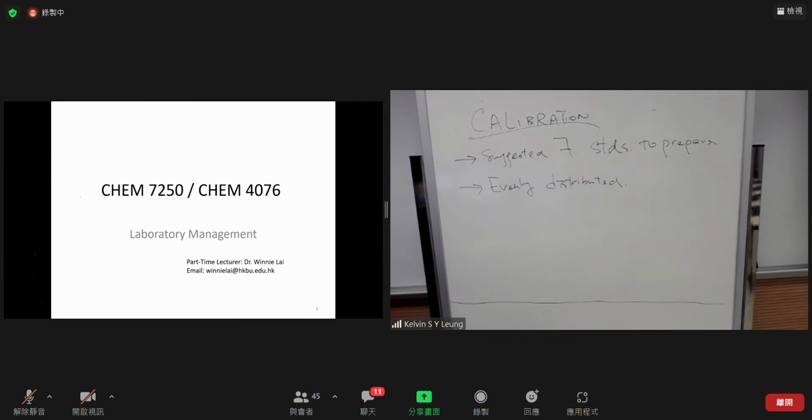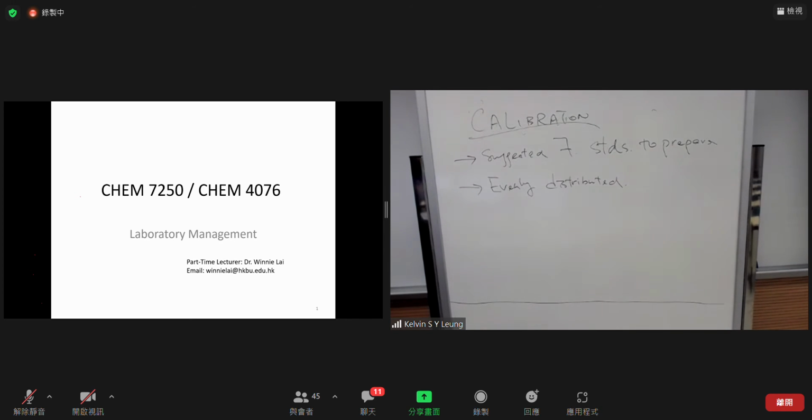You have to prepare a higher concentration level as a stock to dilute. Try to design your calibration to minimize the use of further dilution, to minimize these kinds of errors. So this is the calibration points that I talked about last week.